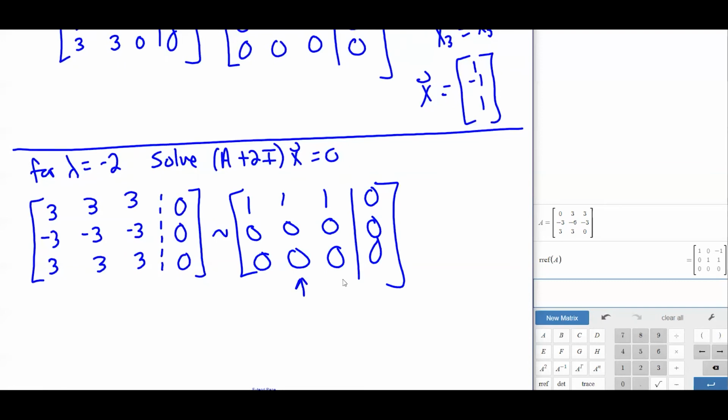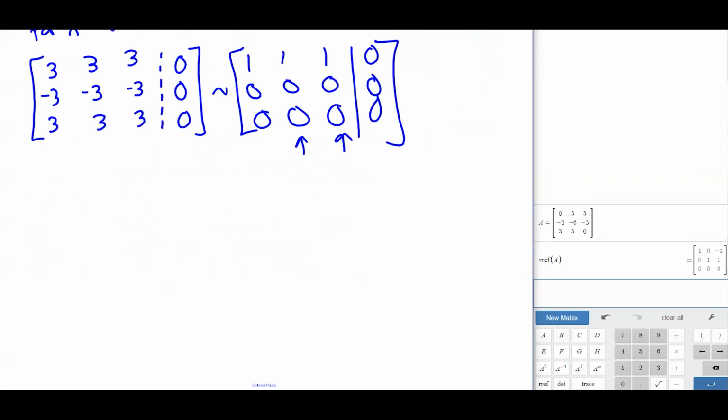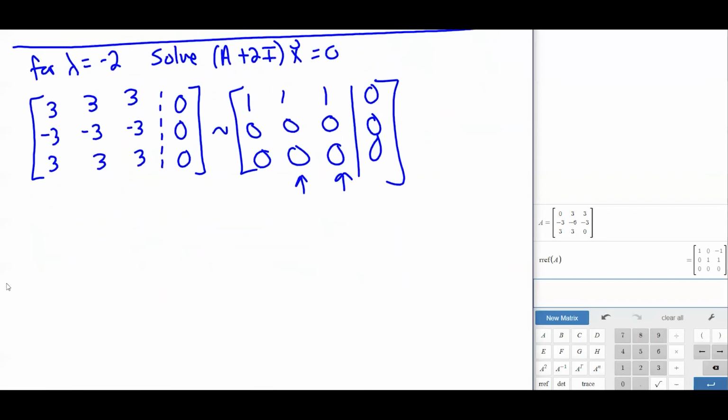So this is good news. So I get 2 free variables now, which means I can get 2 independent eigenvectors. And it's important that you get independent eigenvectors. So for this eigenvalue with multiplicity 2, I'm going to get 2 independent eigenvectors, and that will let me fill out the diagonal matrix and the matrix P, such that P has an inverse, right? P has to be invertible. So the vectors I put in there have to be independent.